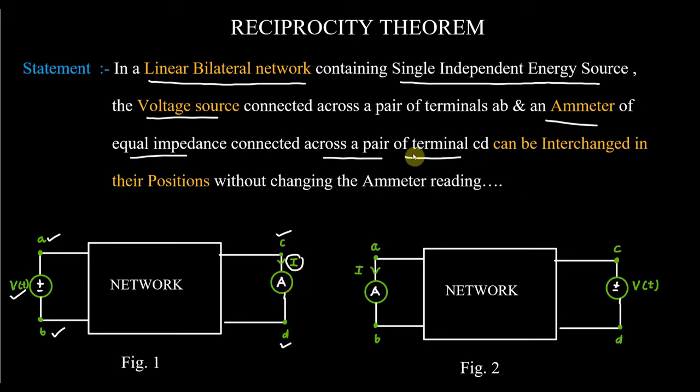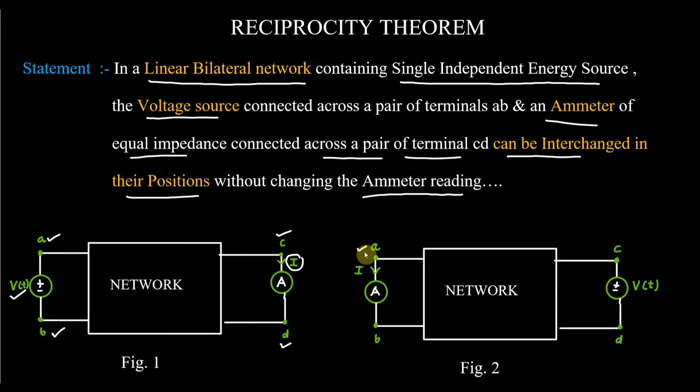Then the theorem says that if we interchange the position of these two, the voltage source and the ammeter, the ammeter reading does not change, meaning the value of current does not change. You can see that in figure 1 I have connected a voltage source across terminals AB and an ammeter across terminals CD. Similarly in figure 2 I have interchanged the positions of the voltage source and the ammeter.